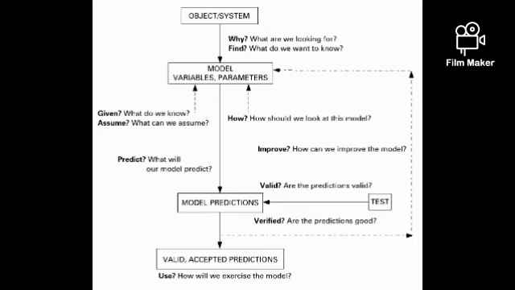Again, from the diagram, the process of modeling starts with an object or a system for which you want to create a model, an object or system that you want to study. And you must be very clear about the purpose of your model, the reason why you want to construct a model.